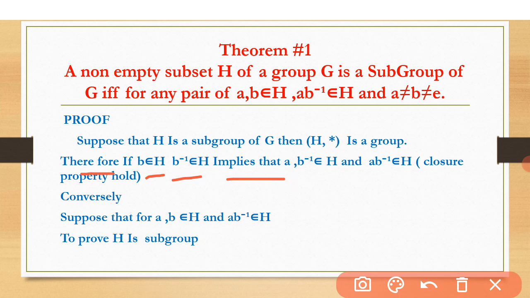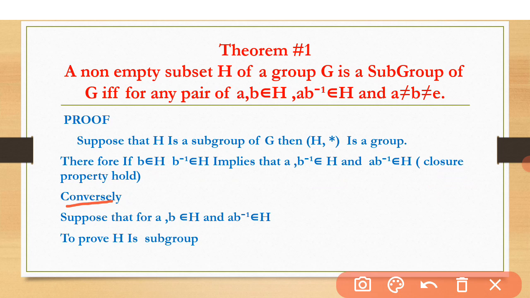This implies that a, b inverse belongs to H, and ab inverse belongs to H, which proves that the closure property holds.